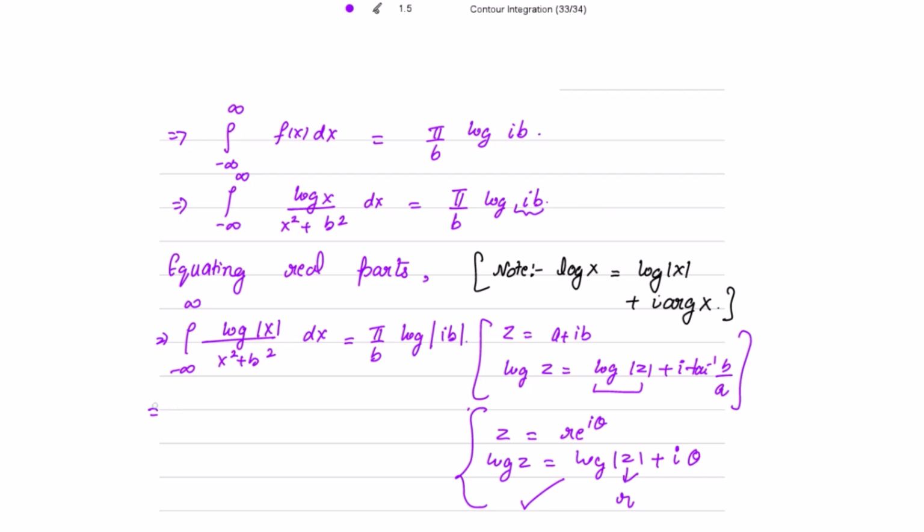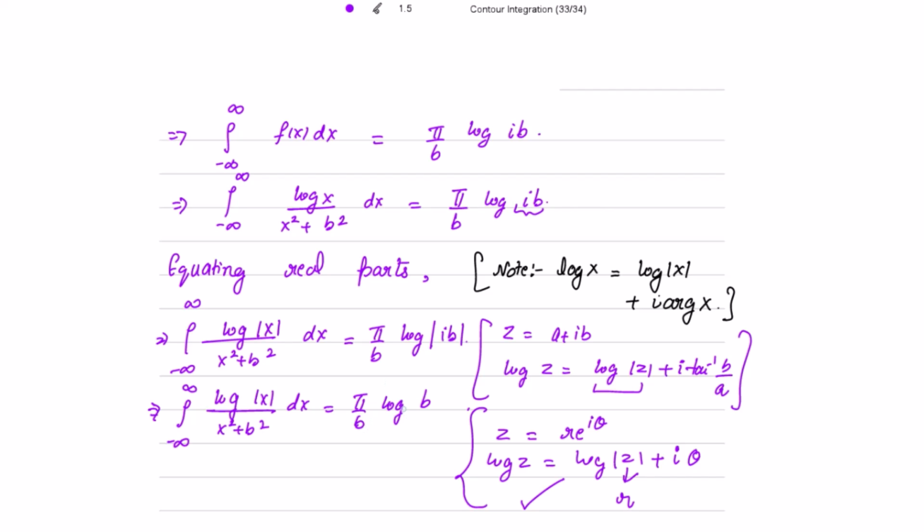So this implies the integral from minus infinity to infinity of log of mod x over x square plus b square dx equals pi over b log of b, because the mod of iota is 1.